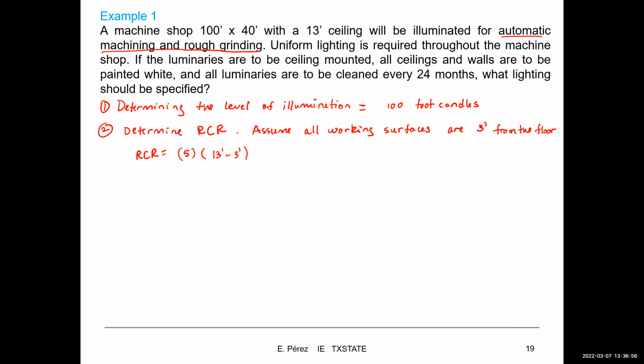The roof is 13 feet. The difference between 13 and 3 is 10. And then we have the area, 100 feet plus 40 feet, divided by the multiplication of 100 feet times 40 feet. So this is equal to 1.75.